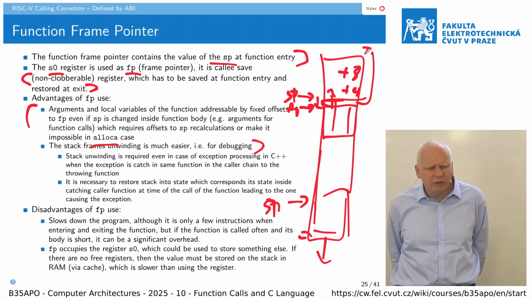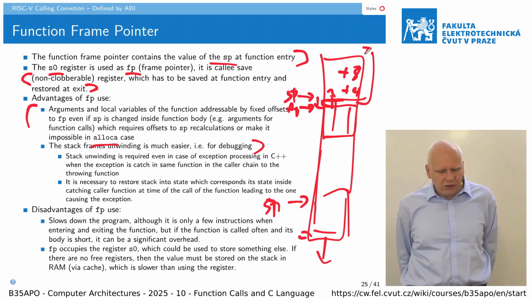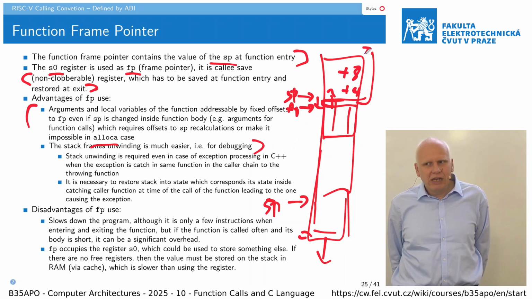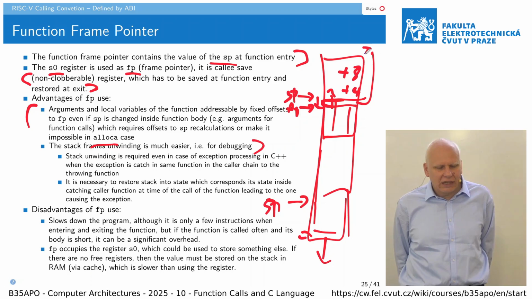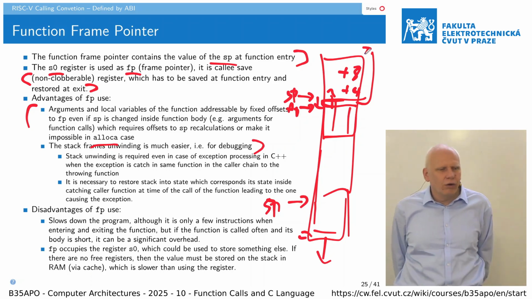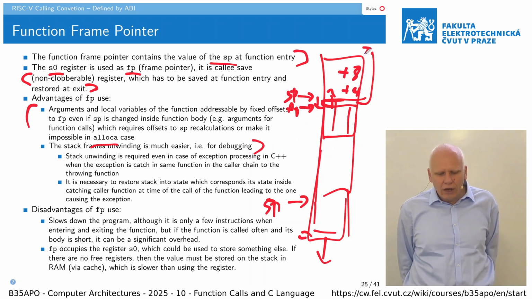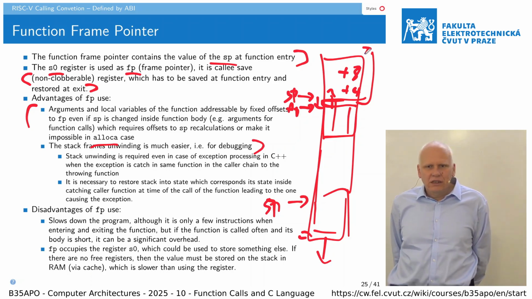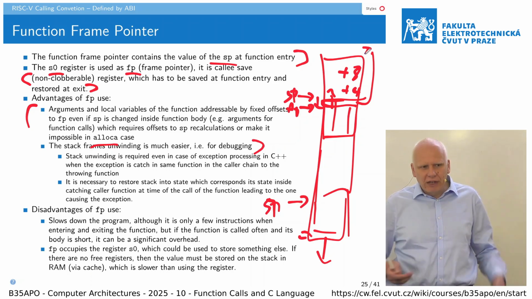There is another mechanism which can be used to resolve exceptions in C and C++, but stack unwinding has the advantage that it has zero overhead when there is no exception. If there is an exception, then you use tables which tell how to reconstruct the stack to the point where there is a catch directive, where you catch the exception and want to process it.